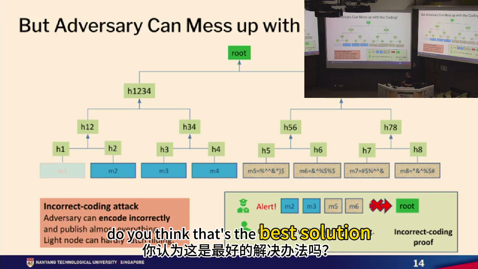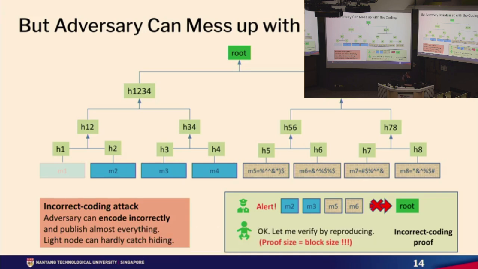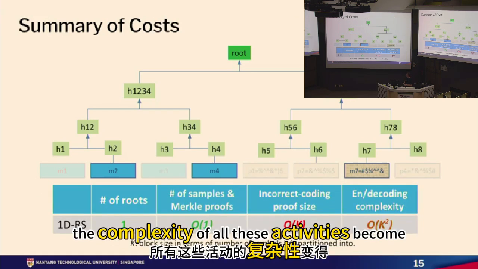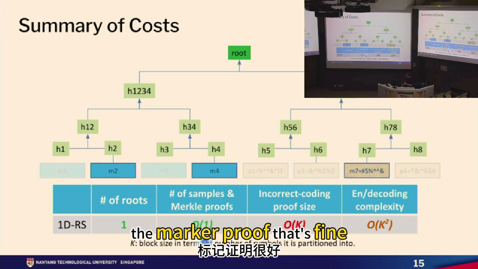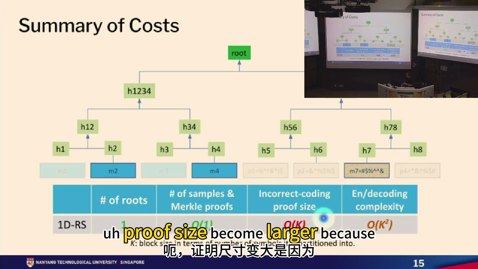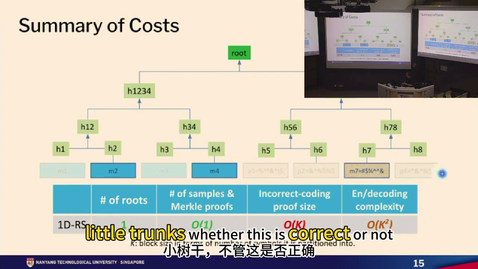But do you think that's the best solution? By just doing this? It's actually not. By doing this, the complexity of all these activities becomes, for our Merkle proof, that's fine. But for incorrect coding, the proof size becomes larger because now we have to double check all these data chunks, whether this is correct or not.